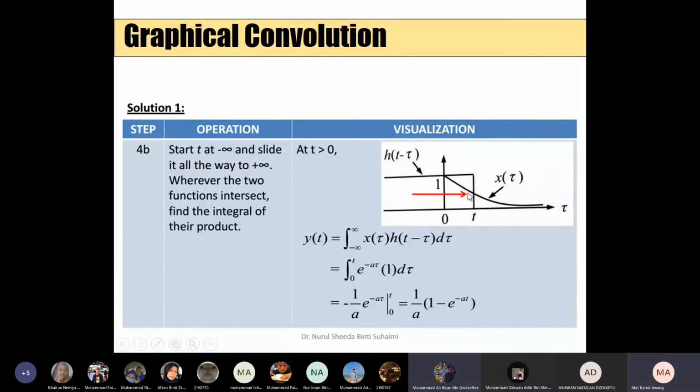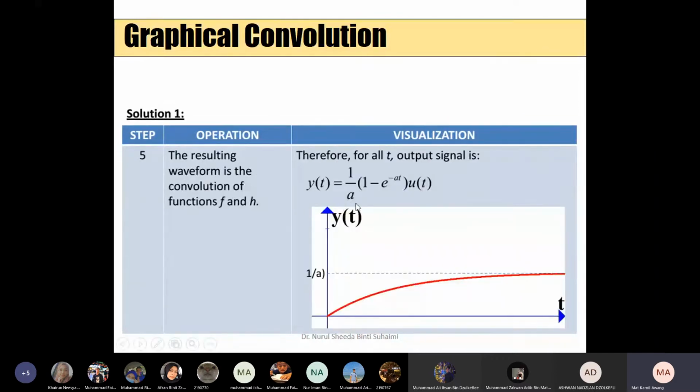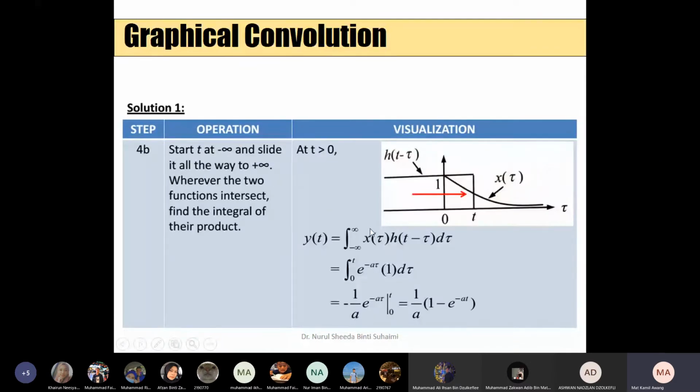So you start moving, sliding the h of t minus tau window over the x of tau function. Where there is overlap, you multiply. So x of tau is e to the minus a tau, and h of t minus tau is 1 from 0 to t.